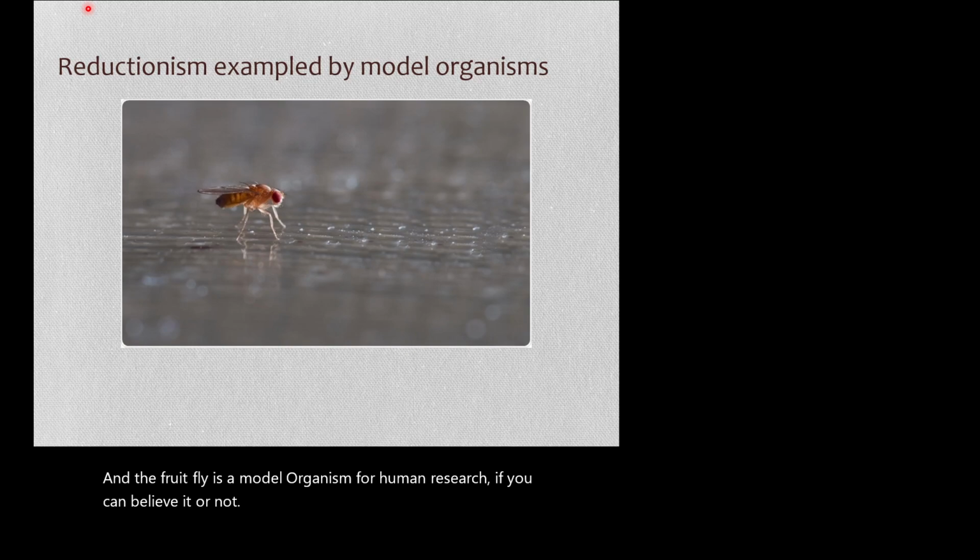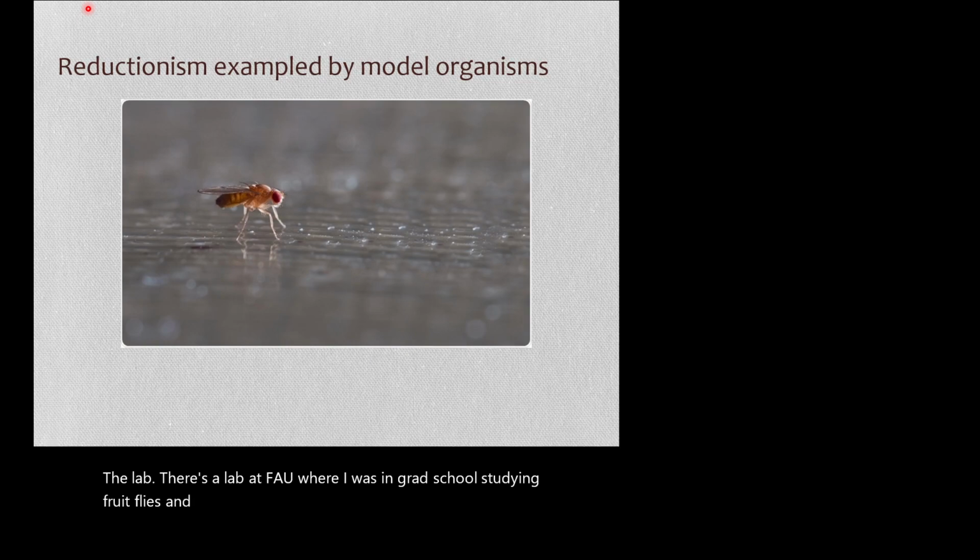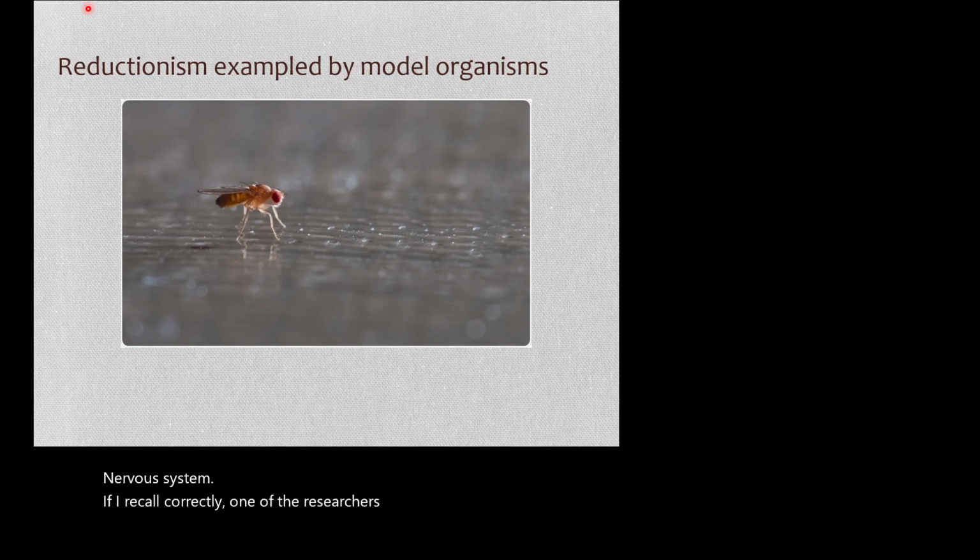In fact, there's a lab at FAU where I was in grad school studying fruit flies and the human nervous system. If I recall correctly, one of the researchers was looking at how people who suffer from near drownings can survive and potentially not suffer from catastrophic brain damage after being deprived of oxygen.